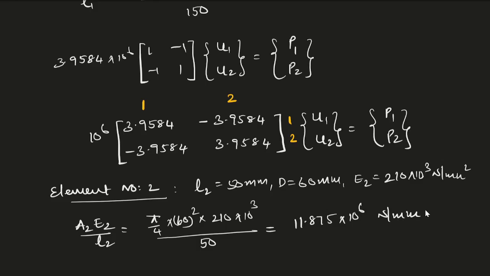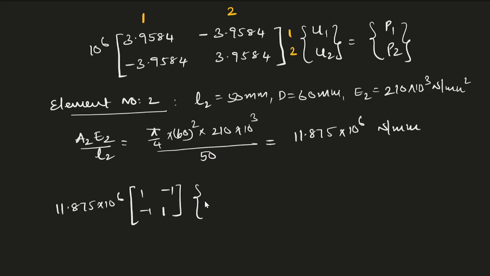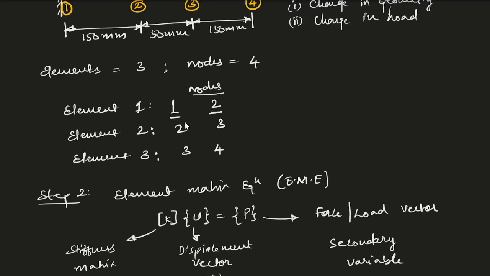Again, in a similar manner, I'm going to write down the same thing in matrix form. 11.875 into 10 power 6, 1 minus 1, minus 1, 1, into here. The element 2 is lying between 2 and 3. If you see, element 2 is lying between 2 and 3.